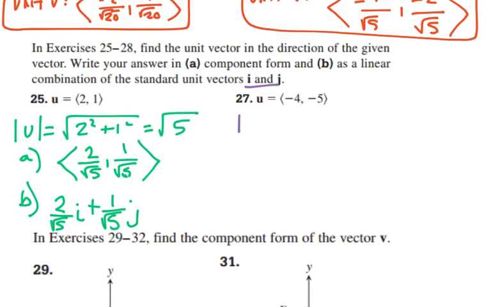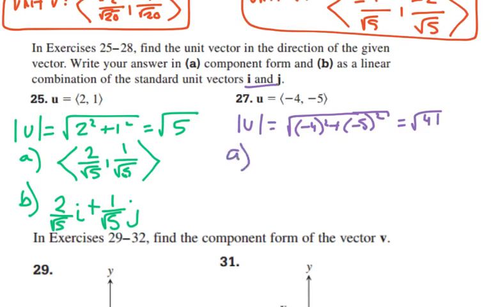Alright, in the next one, we need our magnitude again, so we're going to do the square root of -4 squared plus -5 squared. And so we have 16 plus 25, which is 41. So the square root of 41 is going to be our denominator, so -4 over the square root of 41, and -5 over the square root of 41.